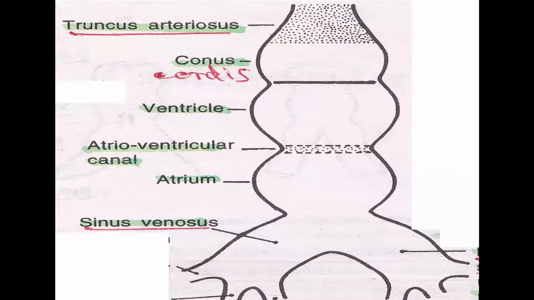And I also told you that the right umbilical vein disappears during the 7th week. Only the left umbilical vein remains, and the left umbilical vein is the only source of oxygenated blood from the primordial placenta.